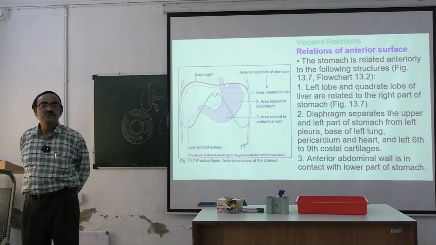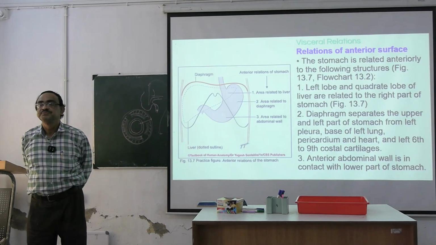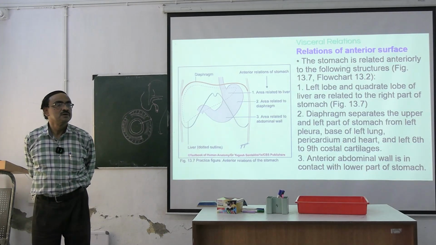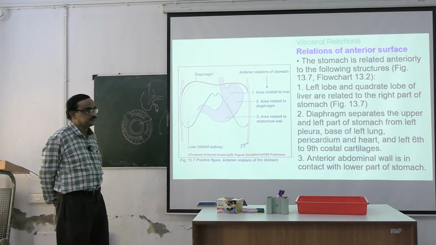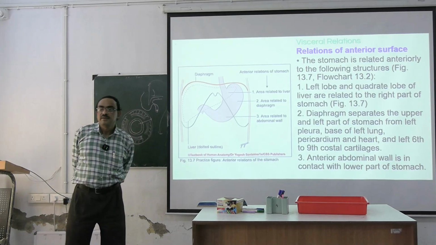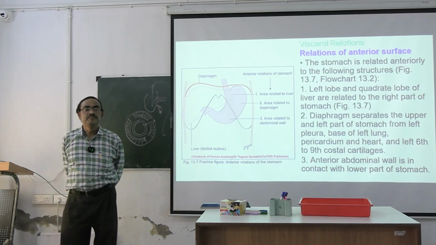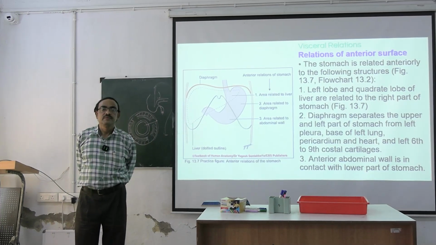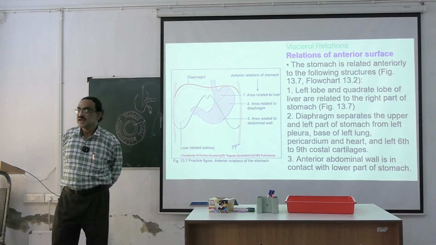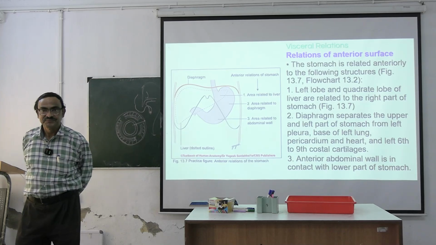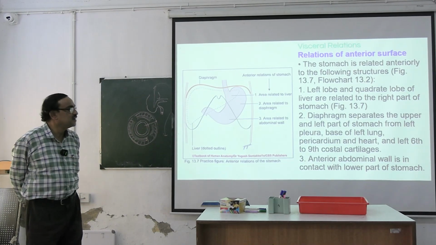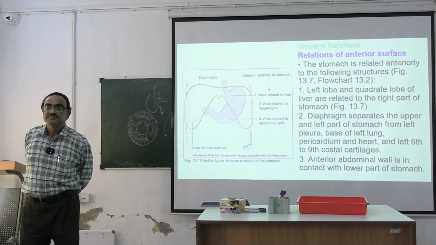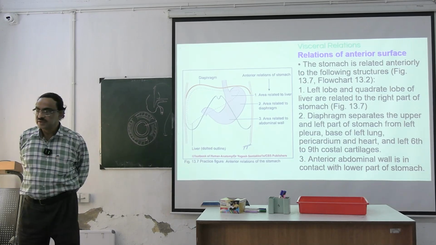What is the importance of this gastric triangle? Suppose there is a development of carcinoma in the head of the pancreas, or carcinoma in the body or the pyloric region.